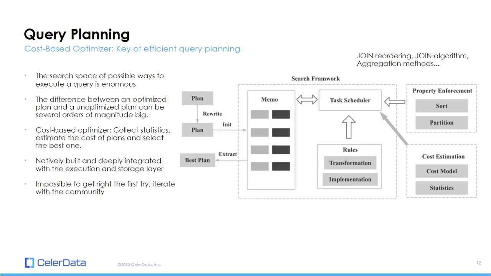And the StarRocks cost-based optimizer is natively built because any optimizer needs to be very deeply integrated with the execution and the storage layer, right? So you cannot really just take something that's open source and slap it onto any database and expect it to work, right? And the StarRocks cost-based optimizer has been iterated for a pretty long time.